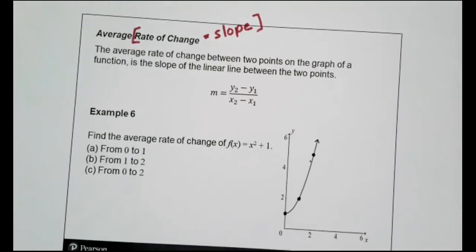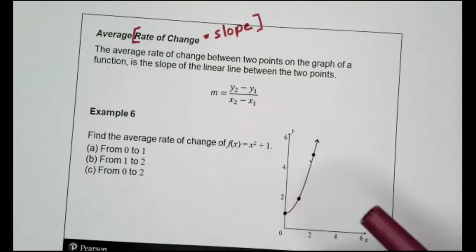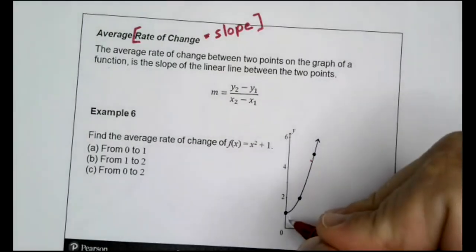It won't be as close to the true rate of change because of the distance between the points, right? This is not a line, but if I were to think about a line being drawn between the 2 points on that function, what would the slope of that line be? So we just need to use the equation for finding slope on these points.